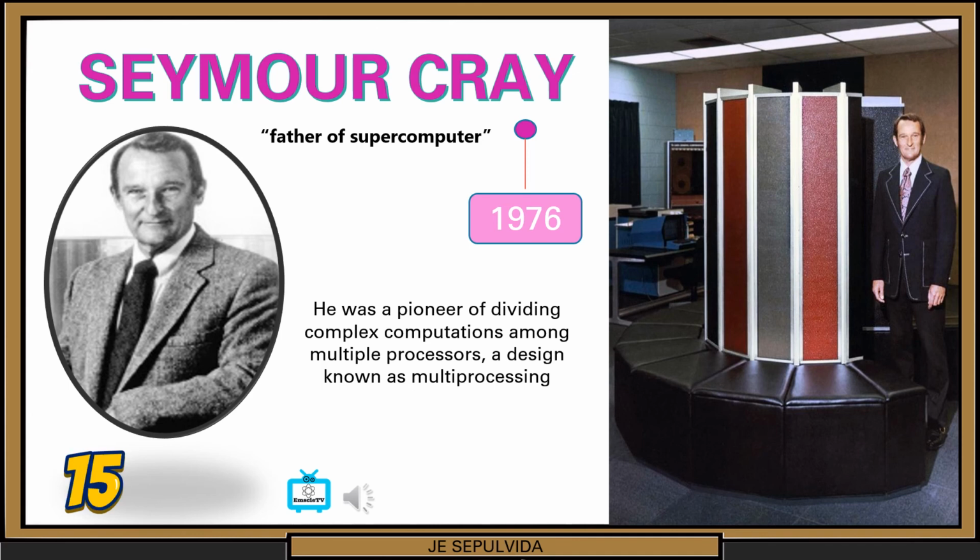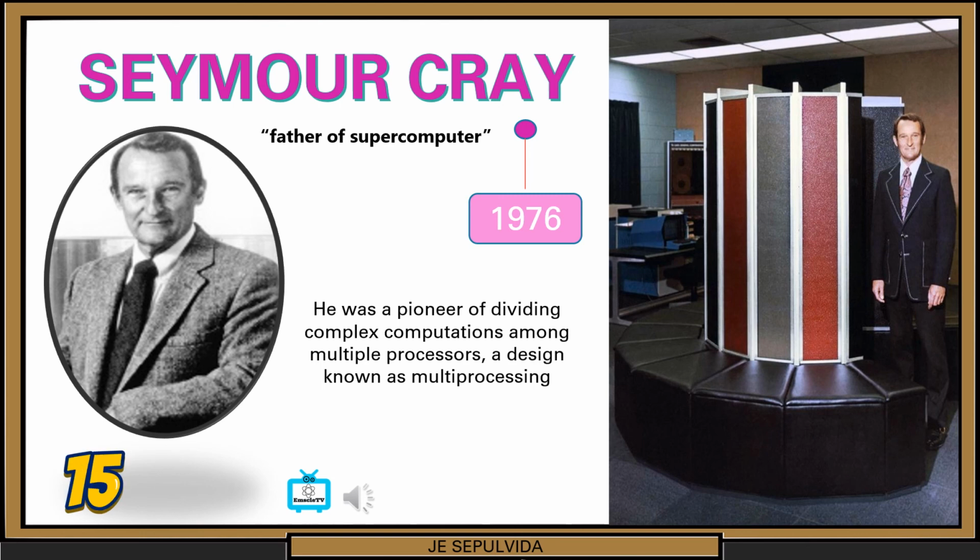Cray resigned as chairman of his growing firm in 1981 and became an independent contractor to the company, designing ever-faster machines at his laboratory in Chippewa Falls. Cray was a pioneer of dividing complex computations among multiple processors, a design known as multiprocessing, and his Cray X-MP, 1982, was one of the first machines to use multiprocessing.